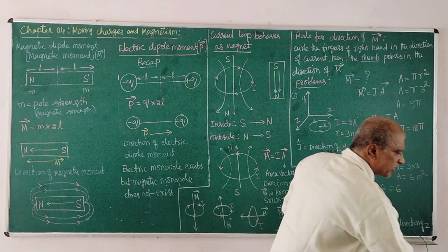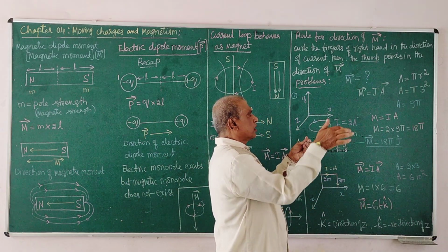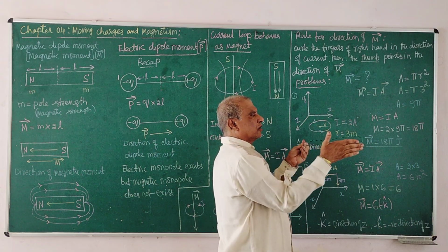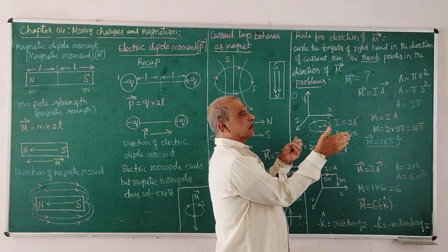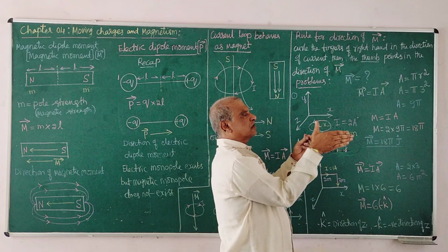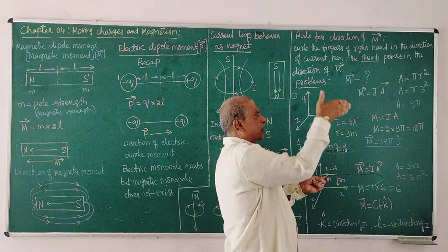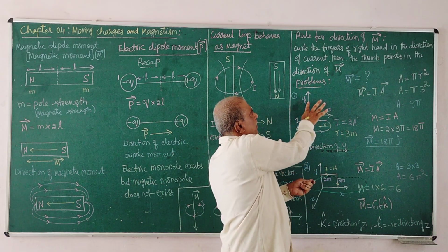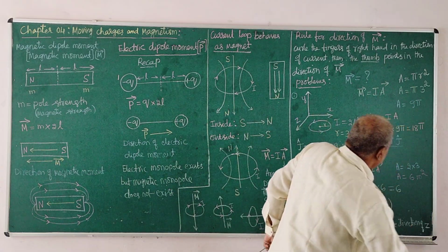What is the direction of the dipole moment? For the direction, you have to hold it like this. The current direction is like this. Curl your fingers like this. See this direction. The direction is perpendicular to the plane, in the direction of y. How do I indicate the direction of y?